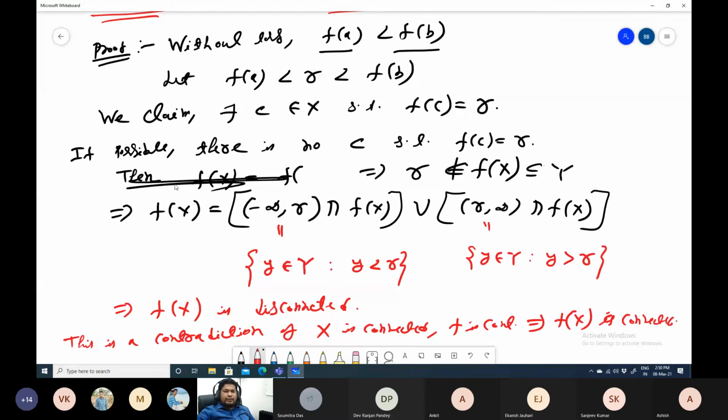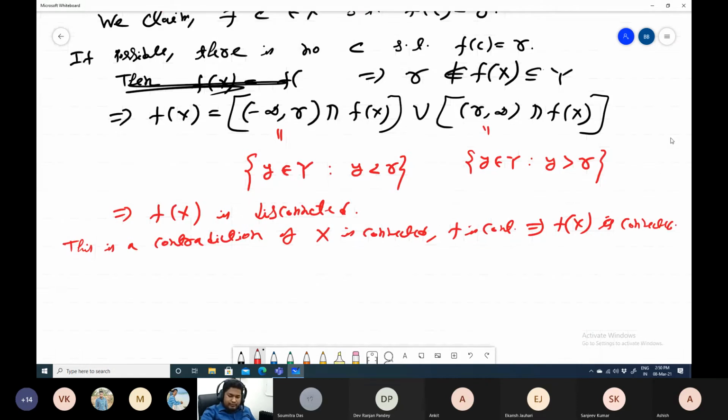So if possible, we assumed that there is no c such that f(c) equal to r. So this statement is wrong. Therefore, there exists c in X such that f(c) equal to r. So we are done. Any problem?